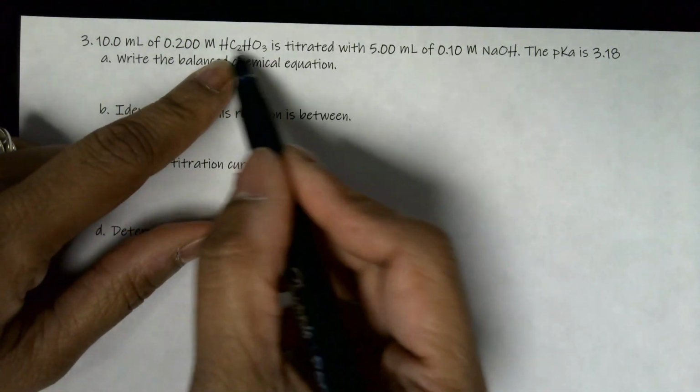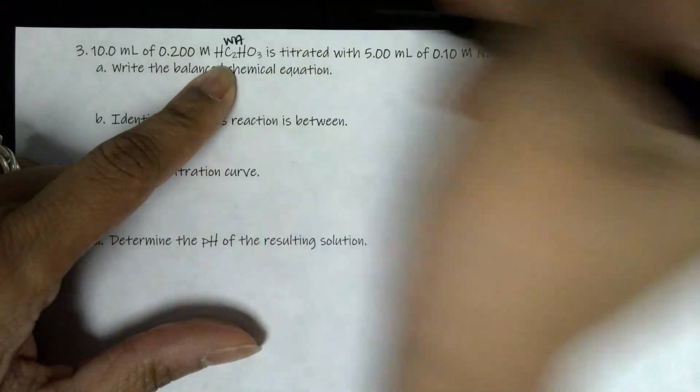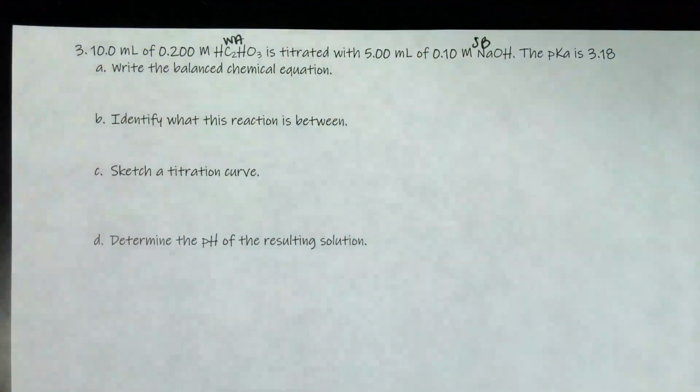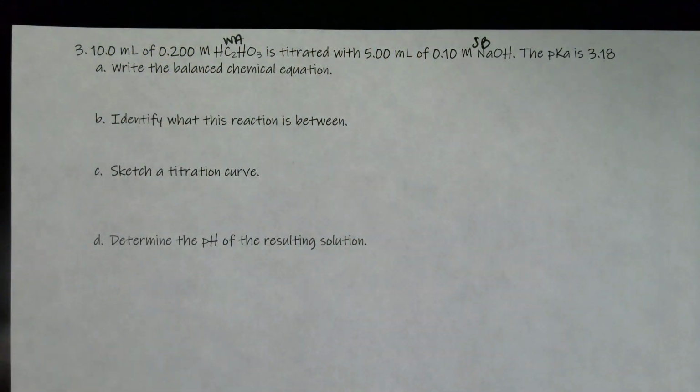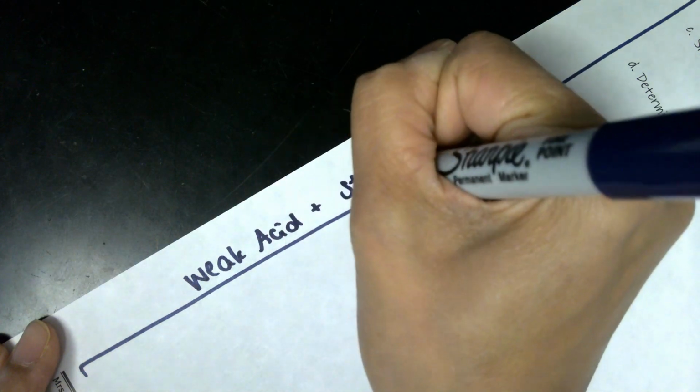This is not on our list of strong acids, so this must be a weak acid. And this is a strong base. So this page, label as, and depending on which side your staple is on, maybe I'll do it right over here. This whole page is going to be a weak acid plus a strong base.